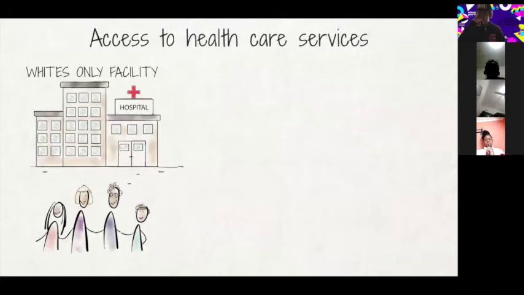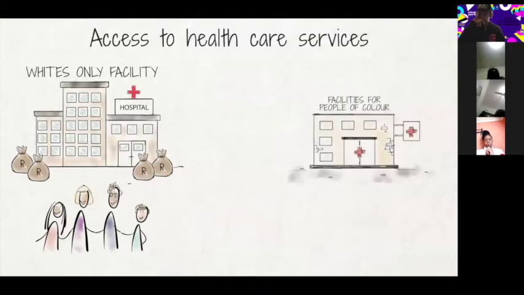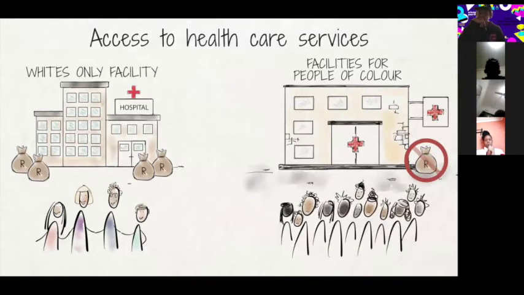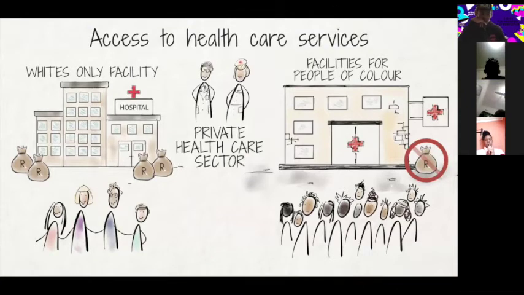The majority of resources were allocated to whites-only facilities, while services for people of color were severely underfunded, resulting in a lack of facilities and overcrowded clinics and hospitals. The private healthcare sector employed the majority of medical professionals, but almost exclusively served the white minority.